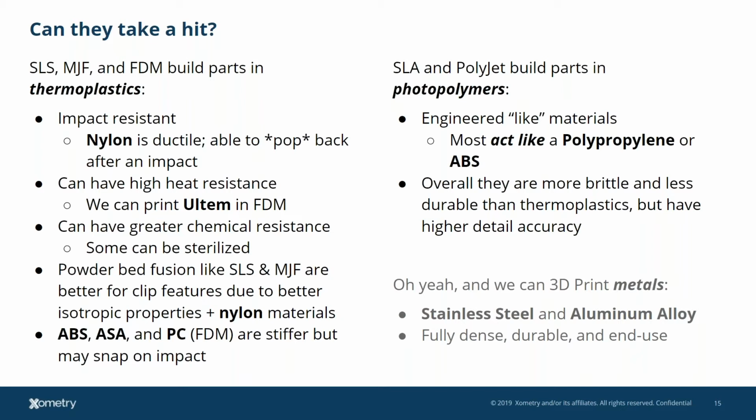Going back to the other most common down select for me, is saying, I have clips, I have snaps. I'm going to start looking to more ductile materials again, like nylon. So on the opposite side, we have polycarbonate, ABS, ASA. They are general purpose. They are stiff materials.